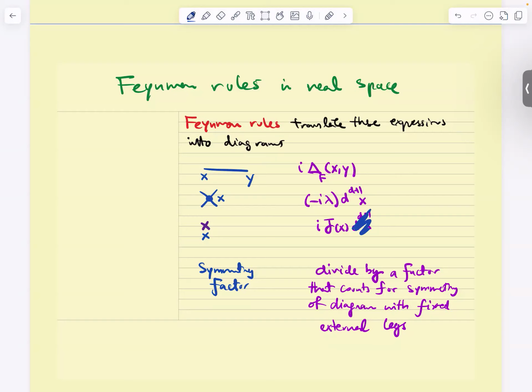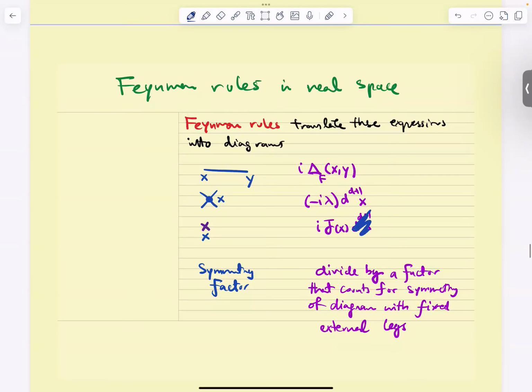So instead of filling the whole board with millions of integrals, you just draw a bunch of diagrams. It really simplifies your life. All right, so these are Feynman diagrams for lambda phi 4, the real space ones. These are a little bit annoying, because the propagator Delta_F in real space looks kind of weird.